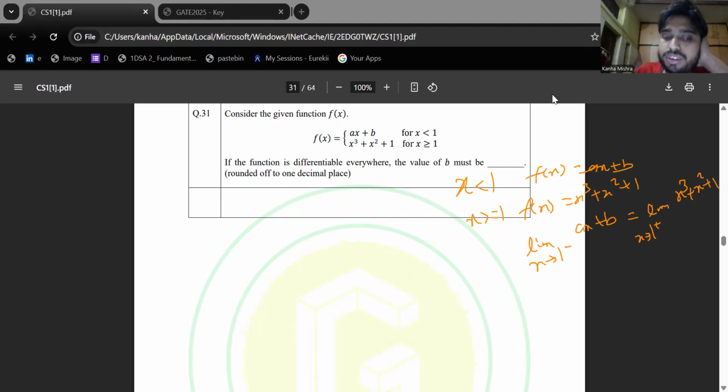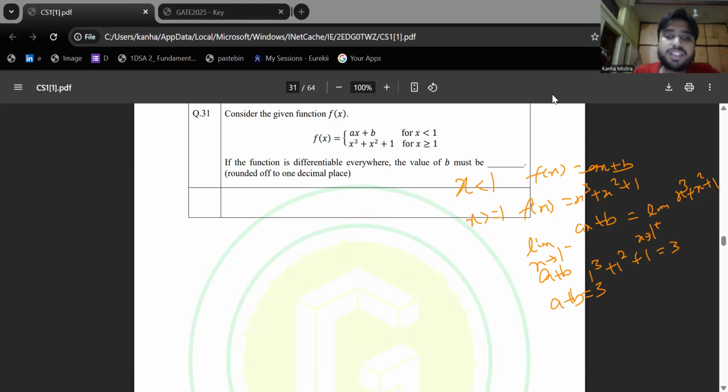Evaluating both sides at x equal to 1, the left hand side will be a plus b, the right hand side will be 1 cube plus 1 square plus 1, that is equal to 3. So for continuity, a plus b is equal to 3.